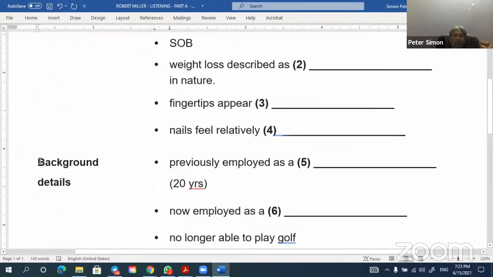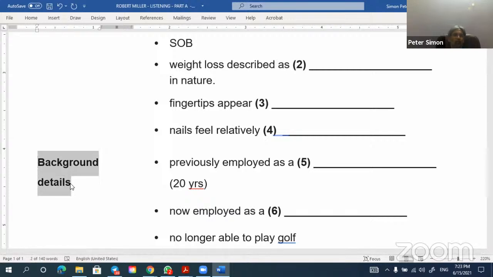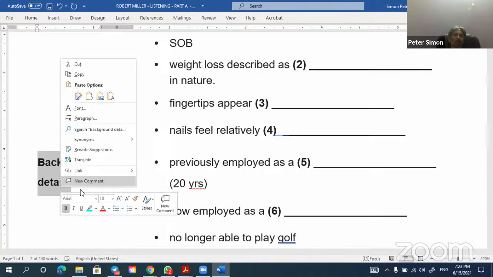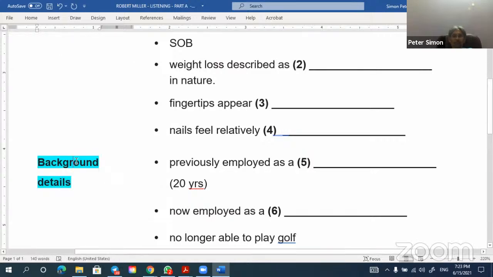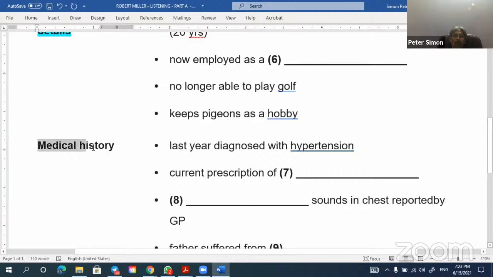Then background details. Then it's medical history.